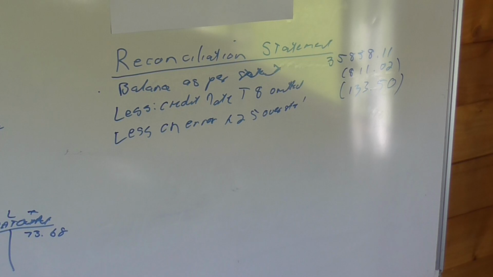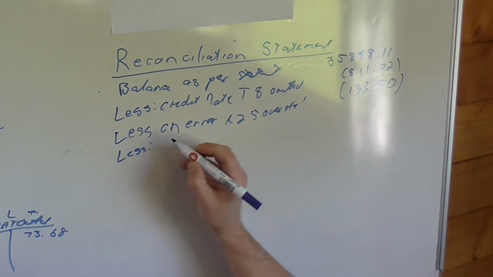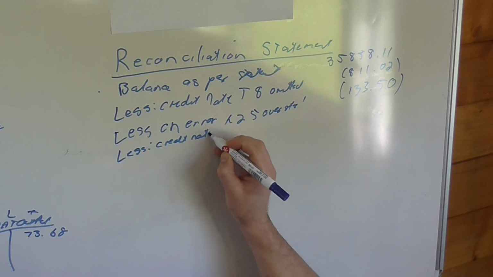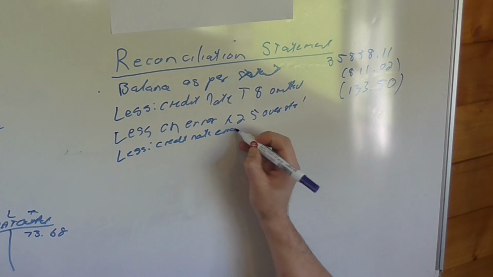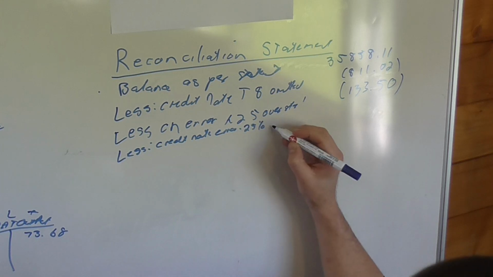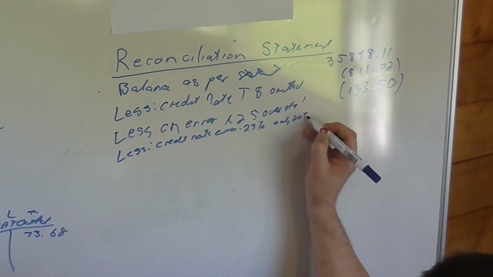Okay, so it gets subtracted, so that'll be less credit note error, 25%, only 20% issued.